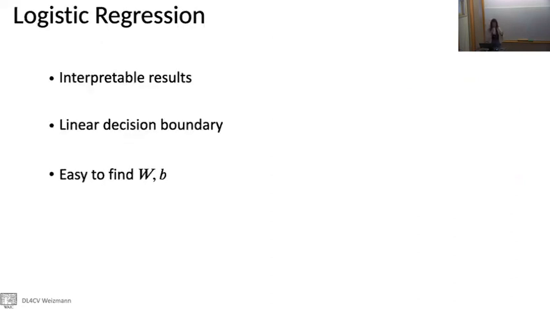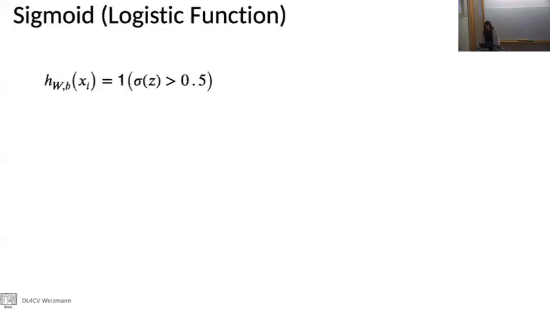Okay, so we have in mind the interpretation of thinking about this as a probability, and now we want to see that we're still going to maintain the nice property that our decision boundary is linear. This is quite straightforward.